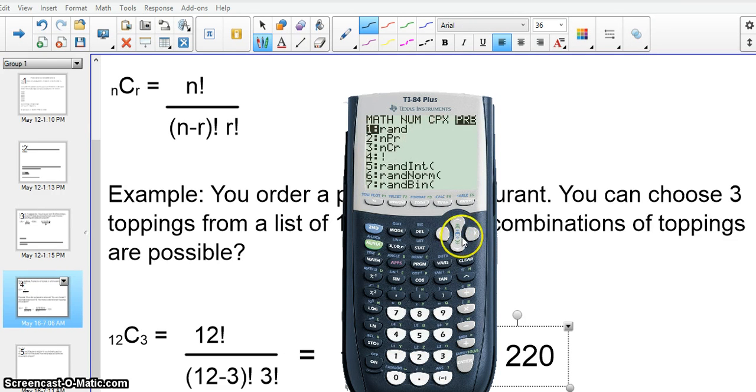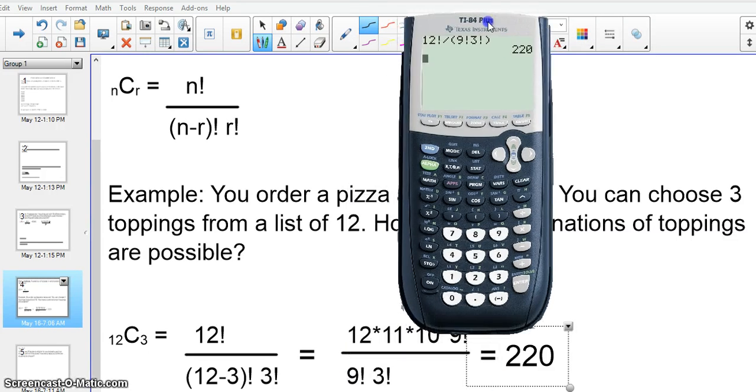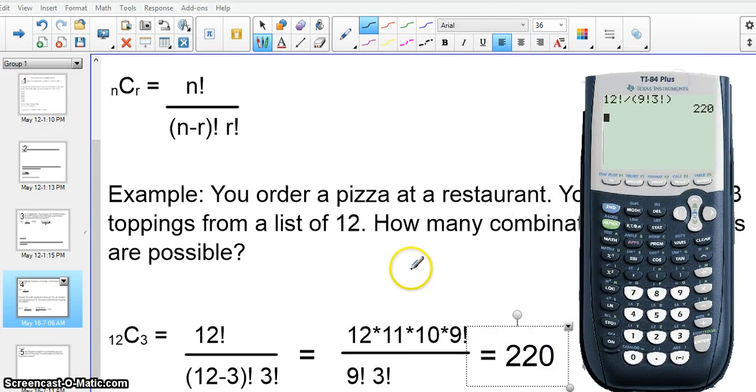And 3 factorial. And you get 220. Again, if you have overload issues, you can rewrite it like this.